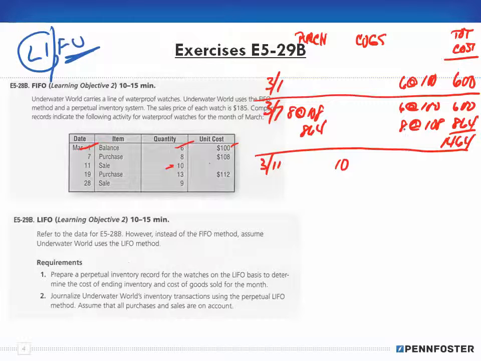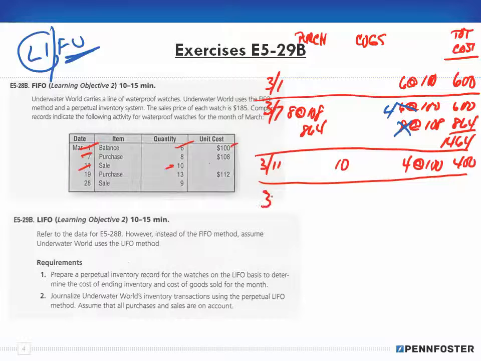So the last ones in are these 8. We have to get rid of 8 of those, and we still need 2 more in order to make our 10. So out of the 6, we'll take 2 out, and we have 4 left. That means at this point in time, we have 4 at 100, and our inventory value is $400. So that takes care of that sale.